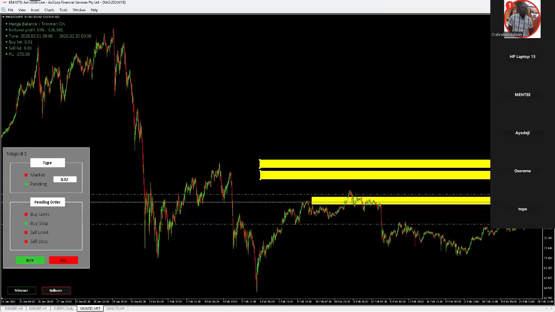Then here, I want to put a sell stop, 0.01 sell stop. Pending order, sell stop. So this is it here.